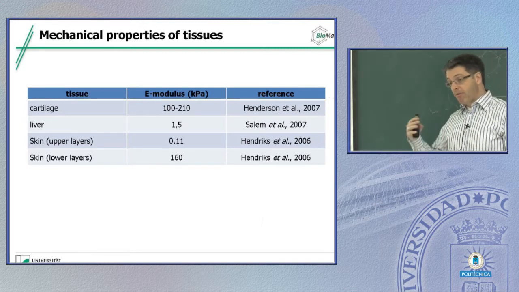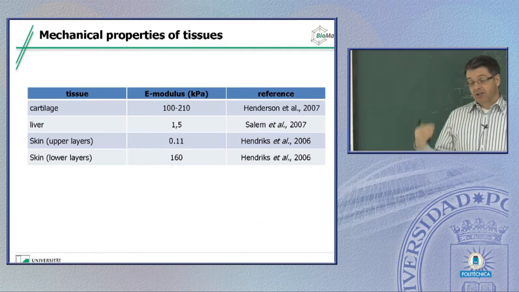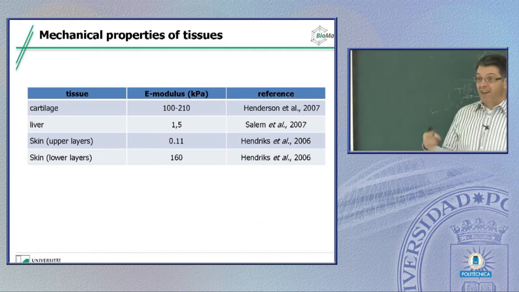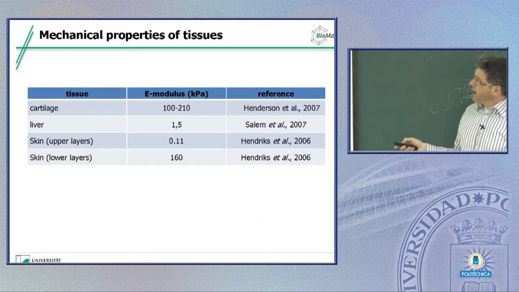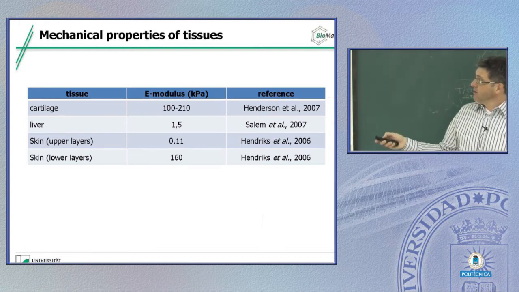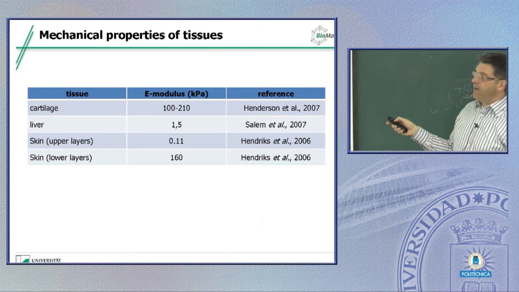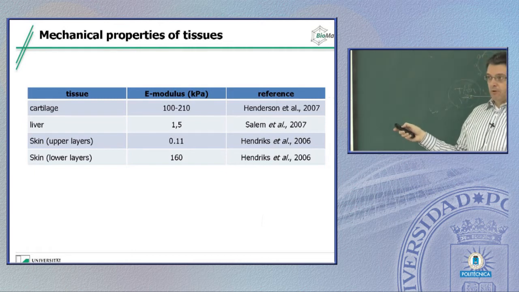Now, something that is of high importance if we talk about tissue engineering is mechanics. And this is, again, something you're very familiar with. And here's some mechanical data of typical tissues. Cartilage, liver, and then 2 layers of skin, the upper layer and the lower layer. And as you can see, we have very low E-moduli.